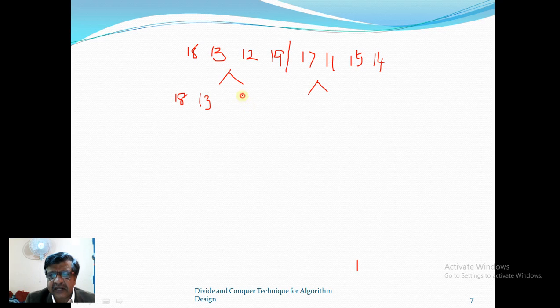So it is recursively divided. Once again, double recursion comes into play: 17, 11, and 15 and 14. See here, it was in one array. Now it demanded 4 arrays, small arrays, each of 2 elements. Then 18, 13 is divided once again.